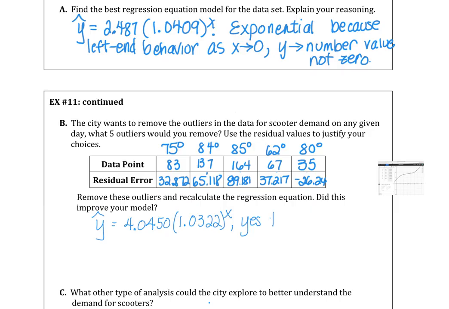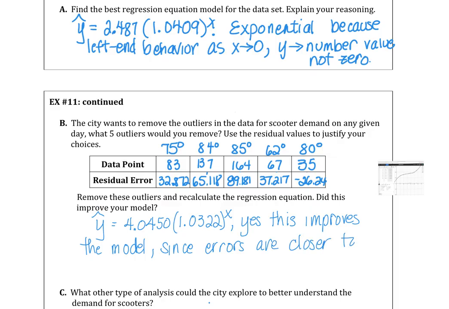So we could say: yes, this improves the model because the errors are closer to the y hat equals 0 line.